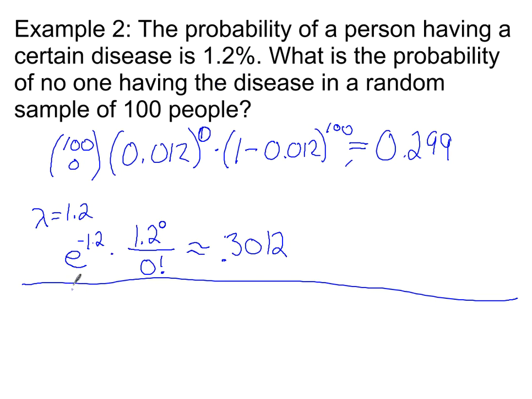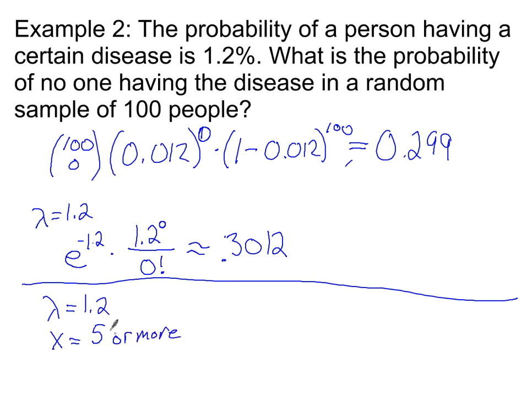Well, we can find the Poisson distribution with a lambda of 1.2, but a number of successes of 5 or more, right? So I want to know, I've got this town of 100 people. What's the likelihood, not just of exactly 5, because that might be kind of rare, but what's the likelihood that at least 5 people have this disease, right?